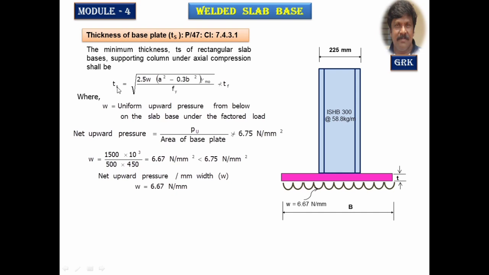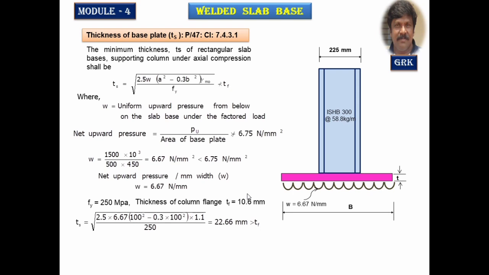Using this, we will find out the thickness of the slab. Substitute in the formula for Ts, you will get 22.66 mm, which is greater than Tf, that is 10.6 mm. Therefore, we can adopt it. Let me make it a round number, say 24 mm.